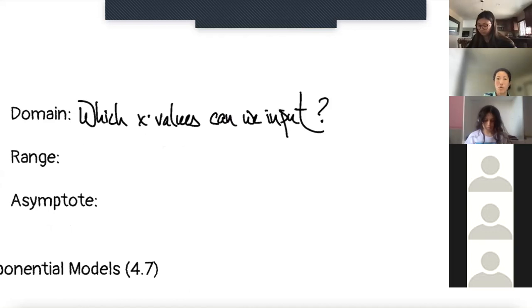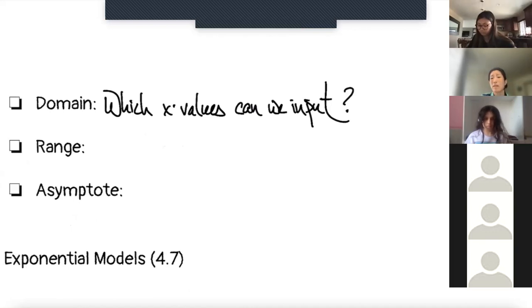Right? So when we think about domain, we want to think which x values can we put into our function? Are there any that we cannot put into the function? Like if we put that number into the function, something weird is going to happen. Like we'll have a negative number or something that we don't want out.